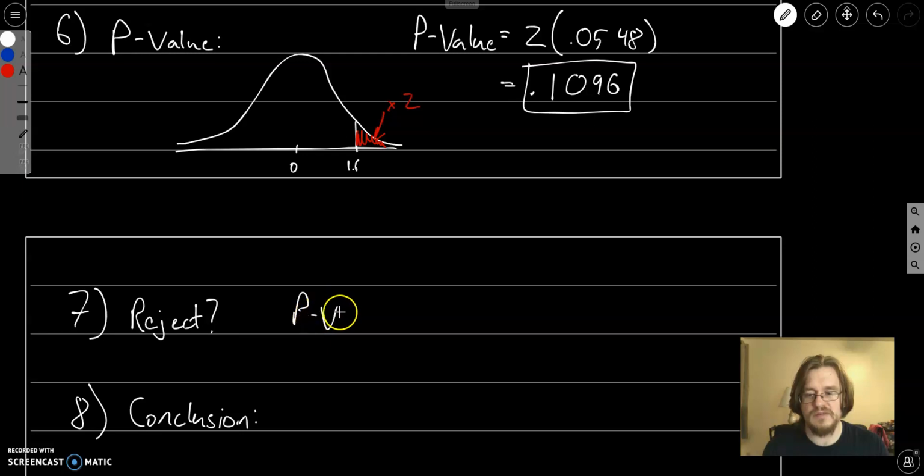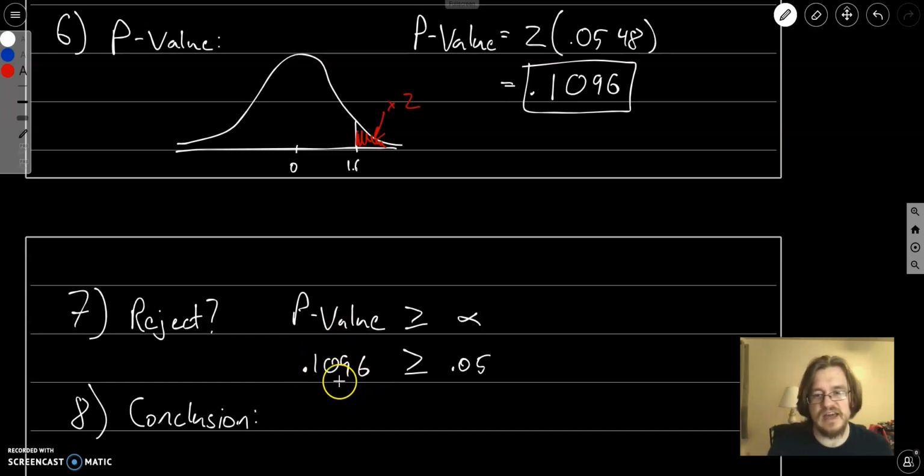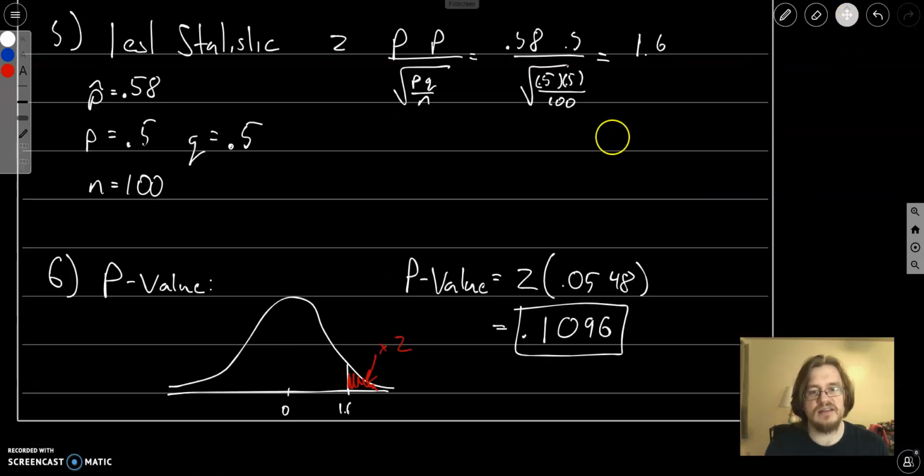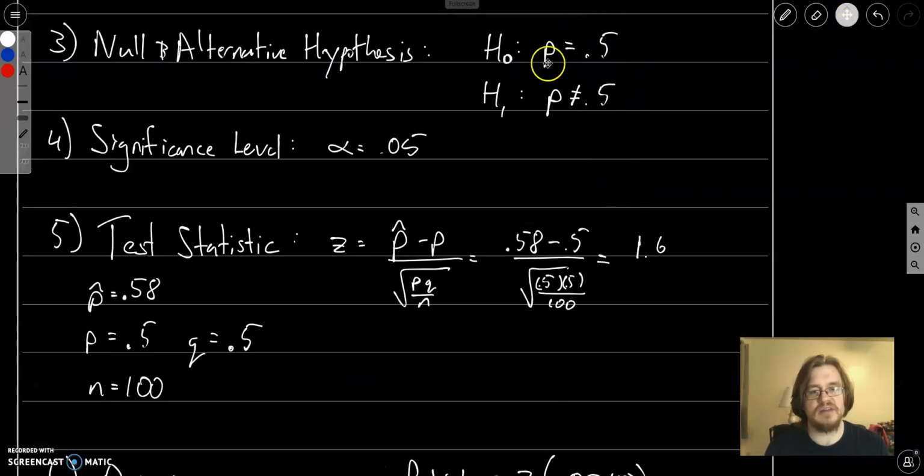So we found our p-value, and now we can compare this to our significance level. So our p-value, which is 0.1096, and if we compare that to alpha, which is 0.05, our p-value is bigger than or equal to alpha. So our p-value is the probability that we get the sample given our null hypothesis.